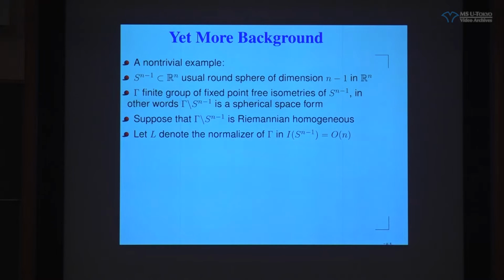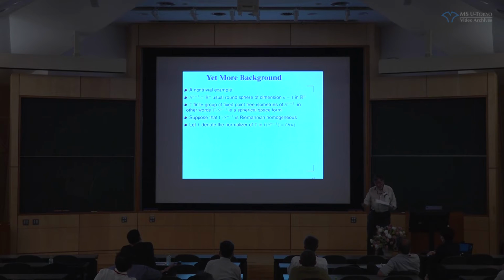And the identity component of that normalizer centralizes gamma. And also it's transitive on the sphere. Because it's transitive on the sphere, it certainly is irreducible on R^n.